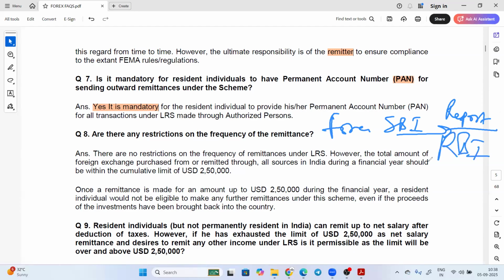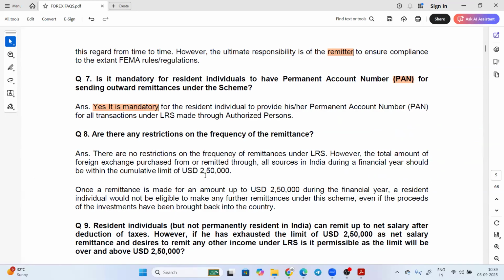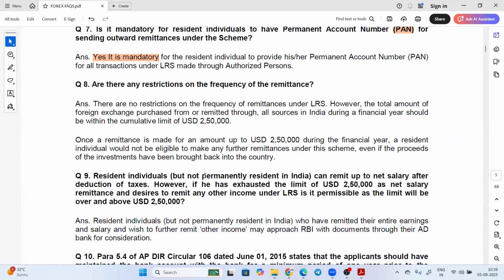Once RBI consolidates from SBI, PNB and others, they get to know the overall limit of the person. These types of tricky questions are asked in the exam many times, so you have to answer very carefully.